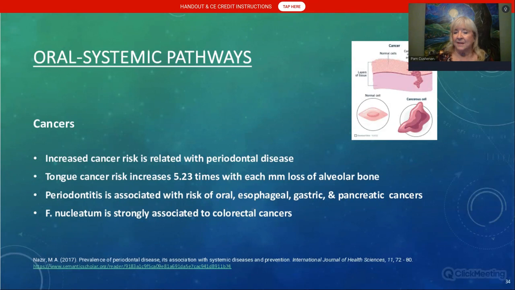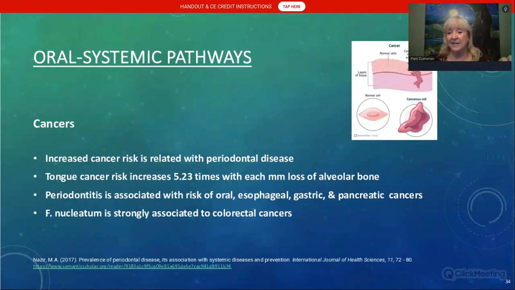Cancers. There is so much more to know about how periodontopathogen bacteria can increase cancer issues. For example, we know it's related to perio disease, but tongue cancer increases 5.23 times with each millimeter loss of alveolar bone.